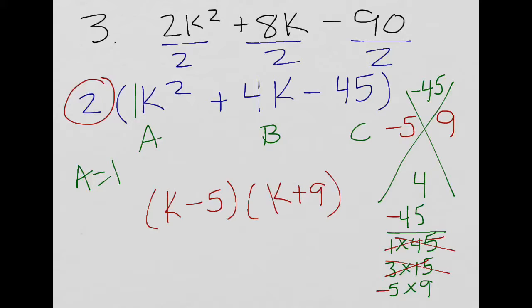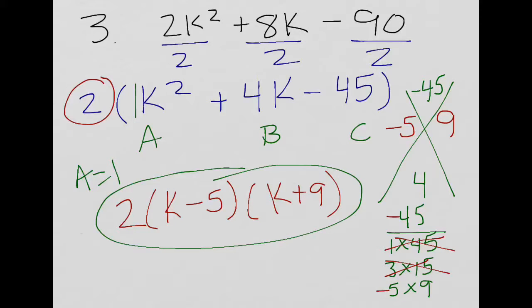So I just took my numbers straight from here and put them in my answer, but I don't need to forget that I did have a 2 that I took out, so I put that out front, and that's my answer. So understanding the shortcut, using the shortcut saves you a whole lot of time, and in some cases heartache.